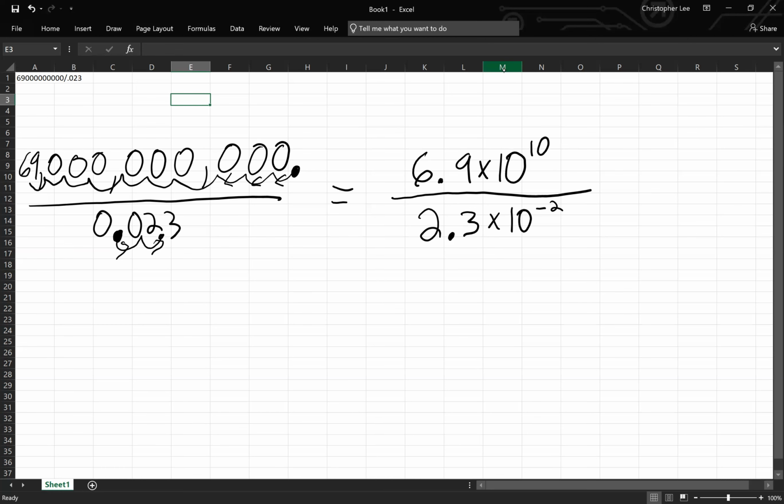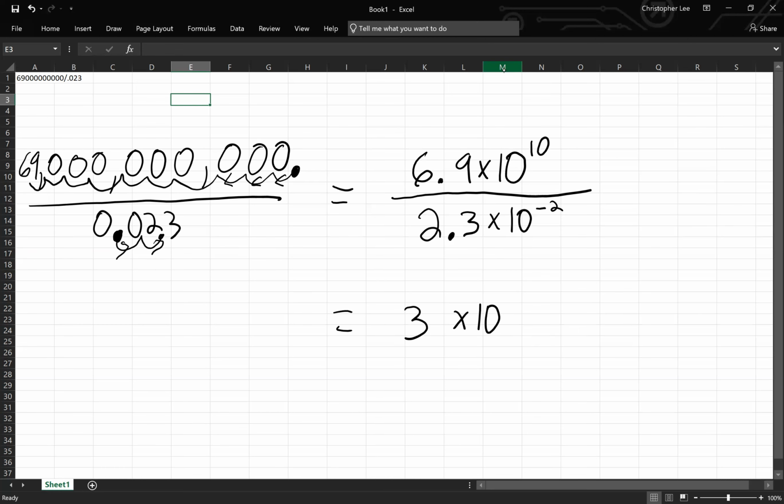After you get this far, divide the numbers and then divide the exponents. If I divide these numbers, I have 6.9 divided by 2.3. That looks like 3, I think. You guys have calculators, so you should check me on that. Now, this is going to be times 10.